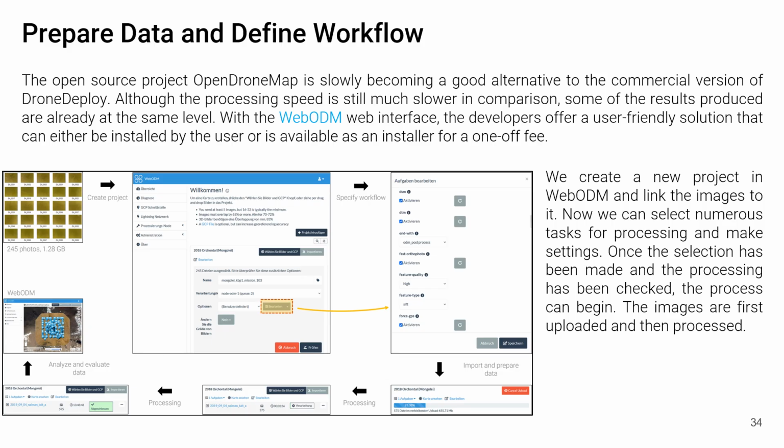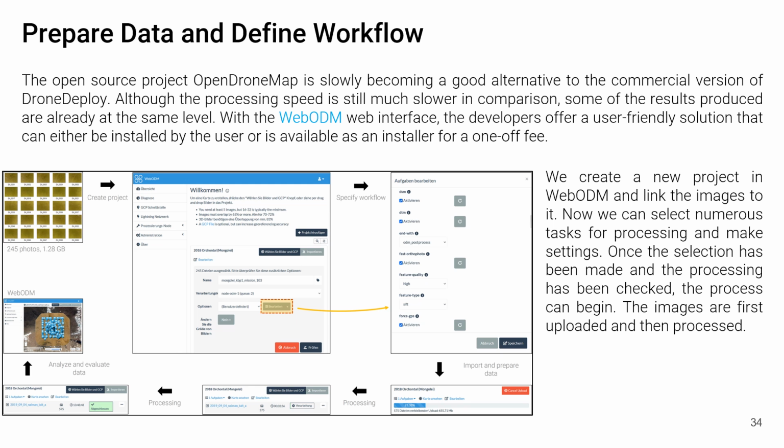At the top left, we see a prepared image folder with images from the 2018 Mongolia campaign showing a structure in the surrounding mountains of the Orkhon Valley. We create a new project in WebODM and link the images to it. Now we can select numerous tasks for processing and make settings.